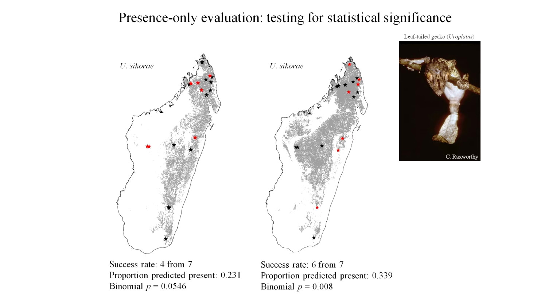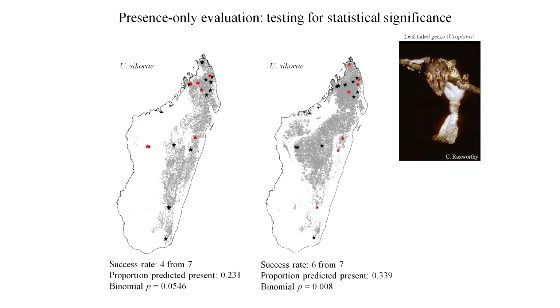We built the model and set a threshold of occurrence, so the grey areas you're seeing are those predicted to be suitable, with high probability of occurrence. We've set the threshold based on the black calibration records, with 0% omission, so you won't see any black records omitted from the prediction, because we've forced all the calibration points to be included. Then we can ask, how many of our red points are we correctly predicting?